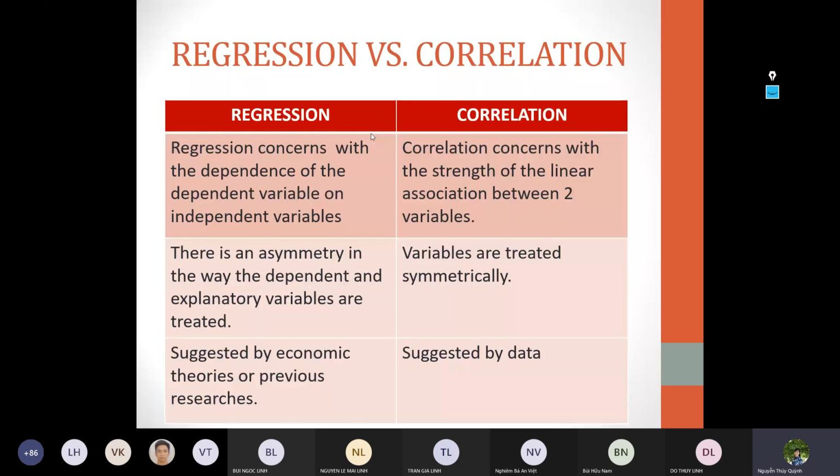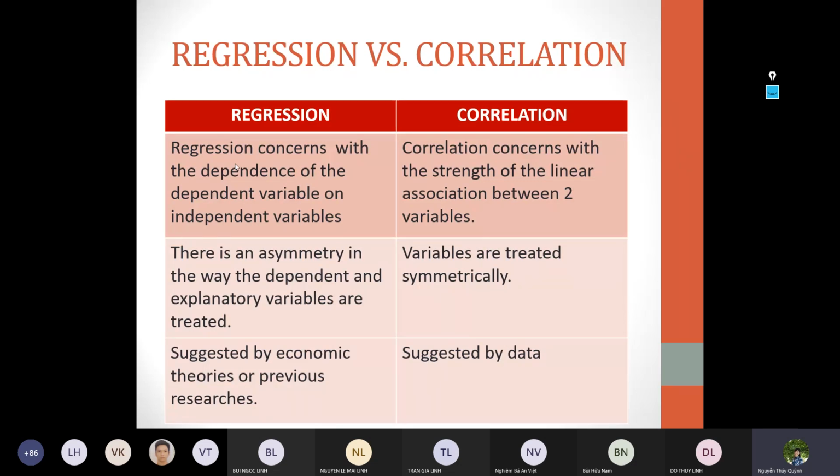The first one: regression is concerned with the dependence of the dependent variable on the independent variables. But for correlation, we only want to know the strength of the linear association between two variables.